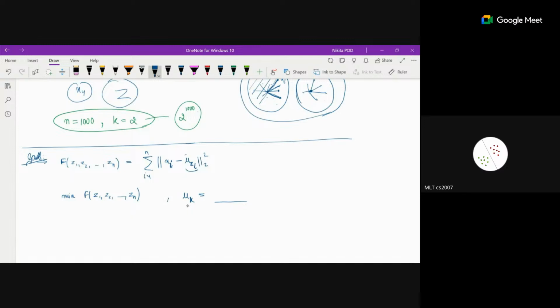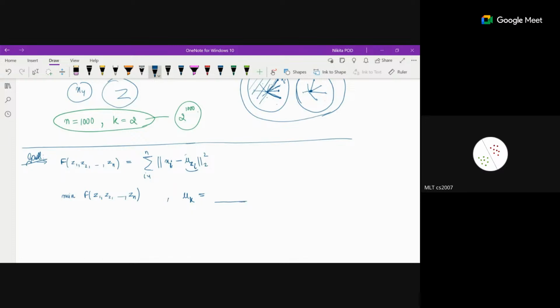Here k denotes the cluster indicator. I'm talking about cluster k, let's say. So to find the mean of cluster k, I need all the data points which are in cluster k divided by the total number of points that I will have in cluster k, right?